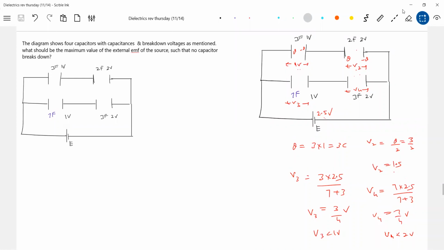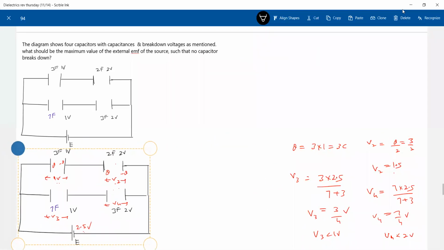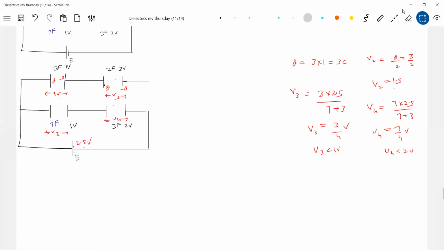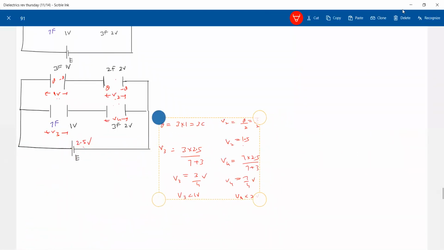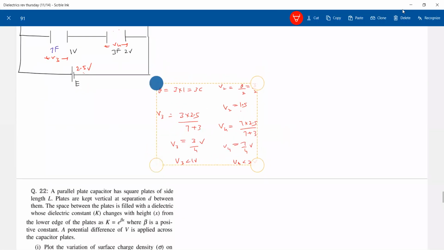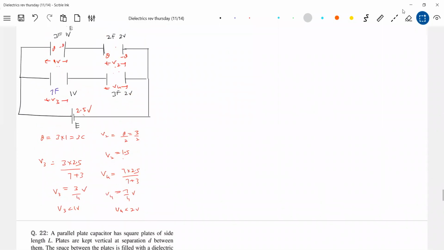That verification I'll do, let me push this to this side. So what should be our answer? 2.5 volt will be our answer.